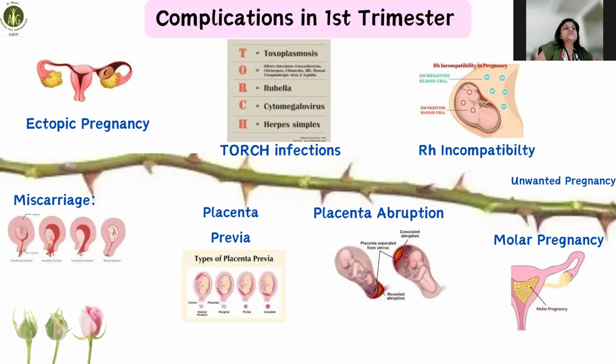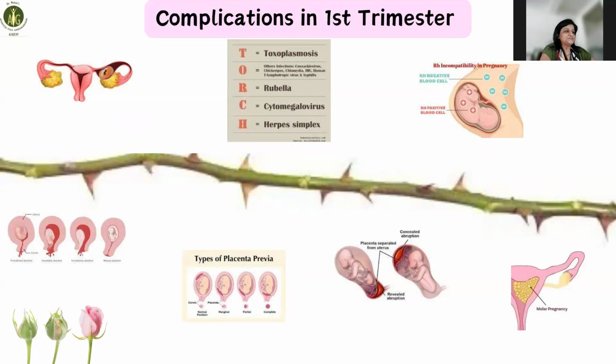There's also the issue of RH incompatibility that happens when the mother's blood group is negative and the baby's is positive, and there is incompatibility because of that. And then there is molar pregnancy. There are also other reasons like unwanted pregnancy, someone who has got pregnant accidentally, which in the first trimester also becomes a big complication.